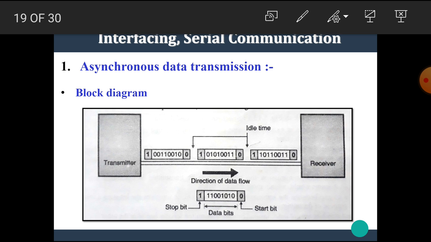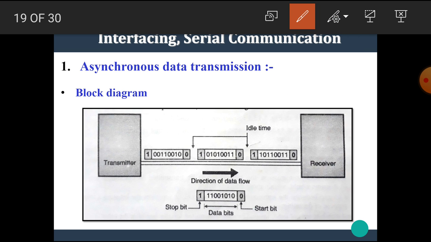This is the general block diagram of asynchronous data transmission, in which we can see that the transmitter and the receiver are connected with a single line, and data is placed on the single line serially, but on this line the data is placed between a start bit and a stop bit. The start bit is always 0 and the stop bit is always 1.